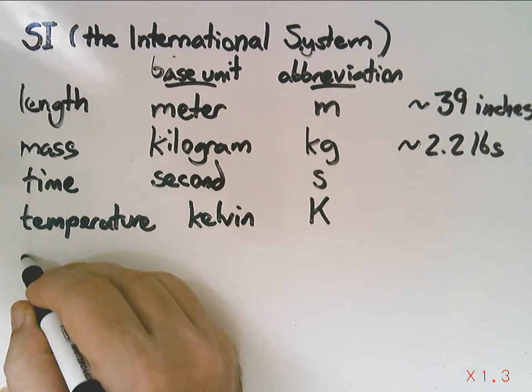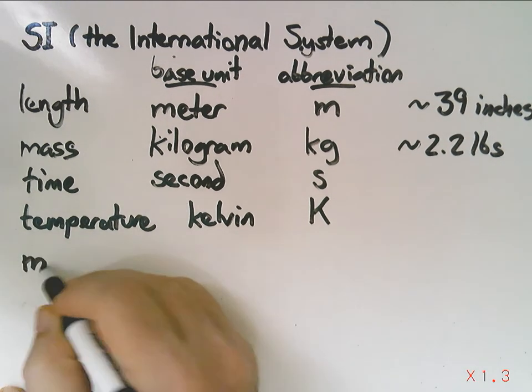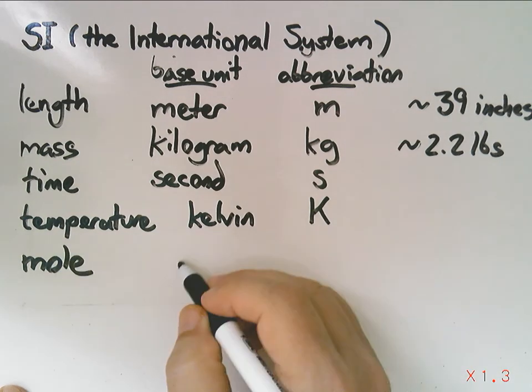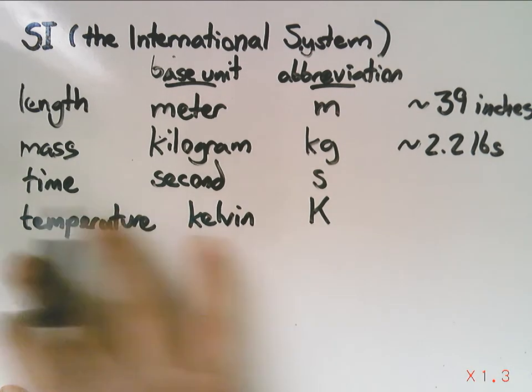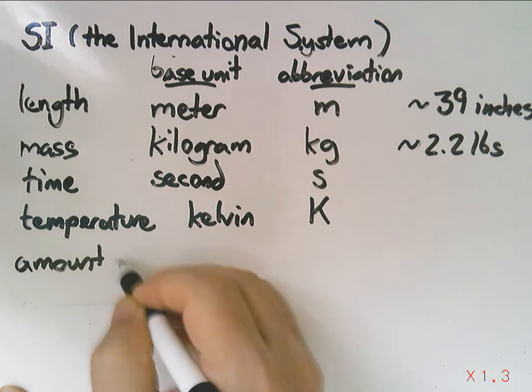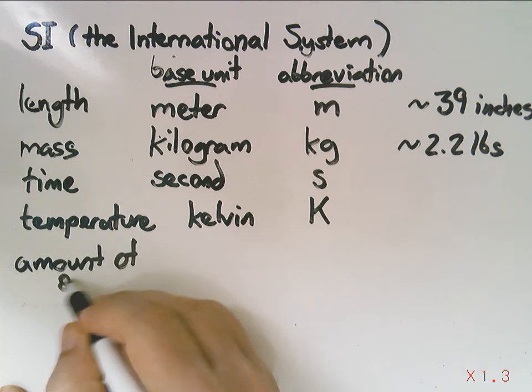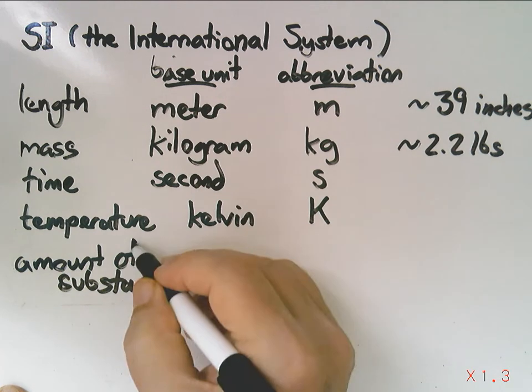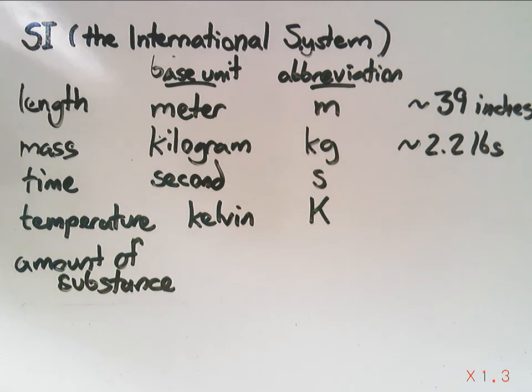And the last unit of the 5 that you need to know is the mole. And it's for amount of substance. How much stuff do you have? If you scoop up jelly beans, how many jelly beans do you have?